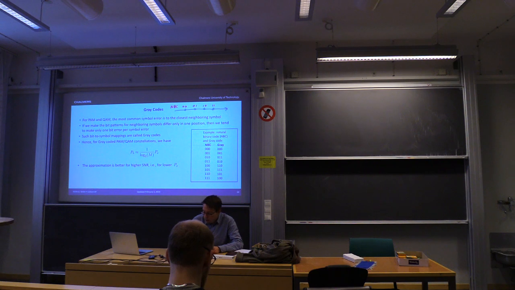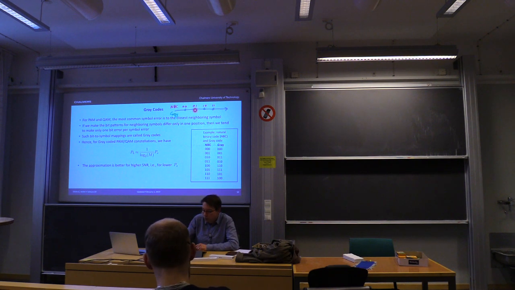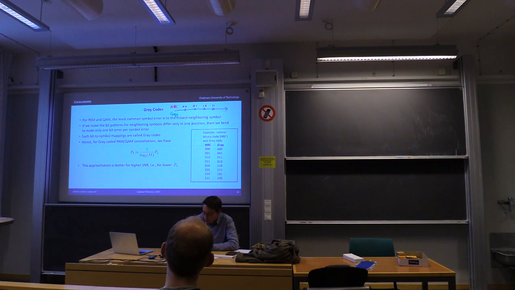Let's do it in a better way. Let's do Gray code. So what do I do here? Okay, so first of all, what is the problem with this? Well, suppose I transmit this point. The most common errors I make when I transmit this one are to the neighbors.